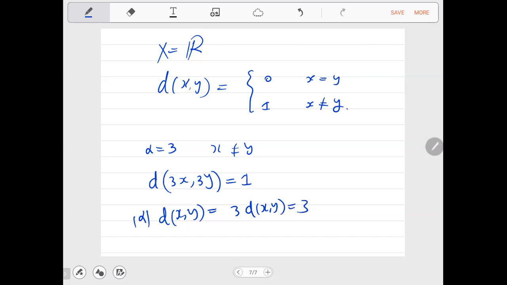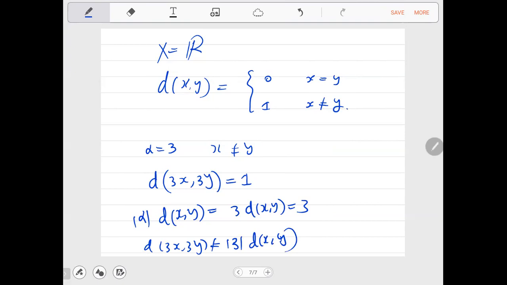So both are not equal. So d(3x, 3y) is not equal to 3 times dxy. So the second property is not being satisfied. So it is a metric which is not induced by any norm.